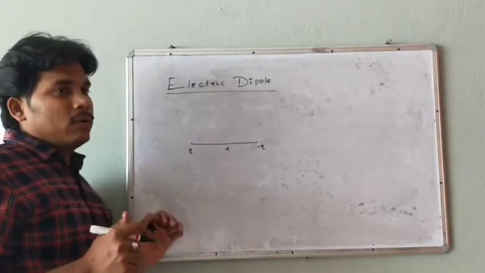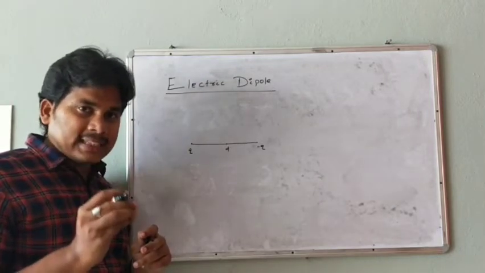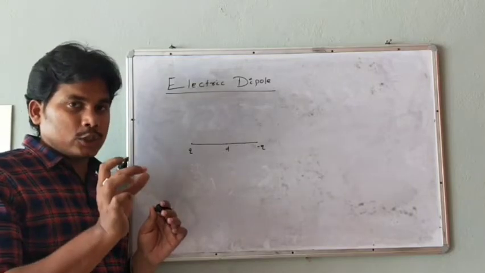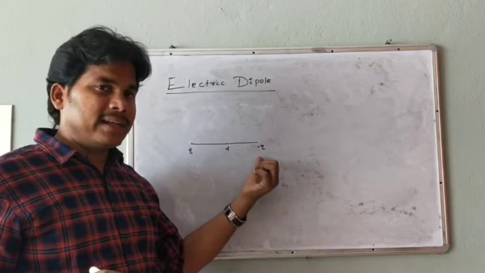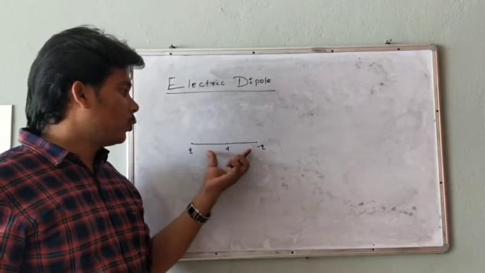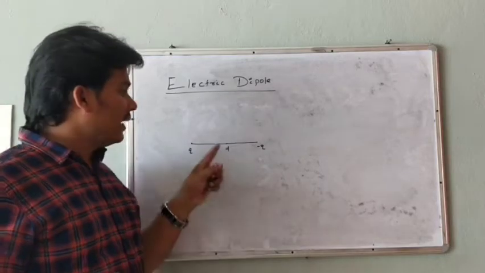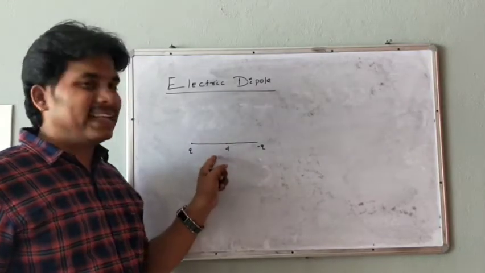Again, electric dipole is the combination of two charges, plus Q and minus Q, closely placed and separated by a small distance. The middle point of these two charges is called the center of the dipole.